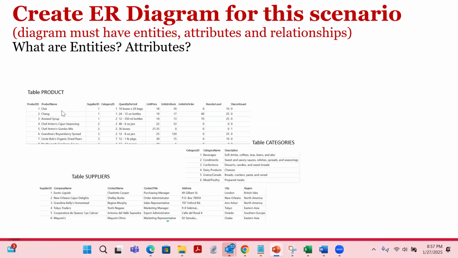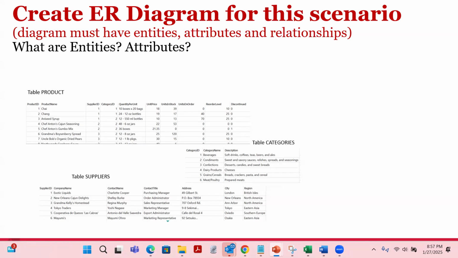Attributes for those entities would be columns of the product table, columns of the category table, and columns of the supplier table. You also know that one product can have only one category, but one category can have multiple products.